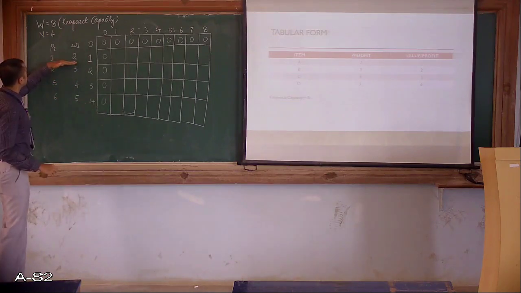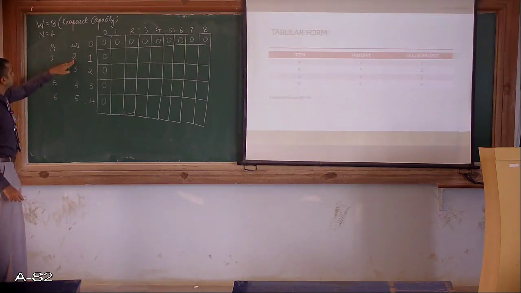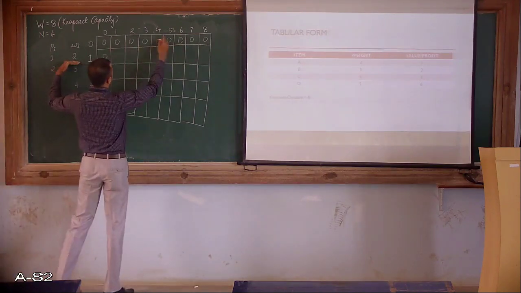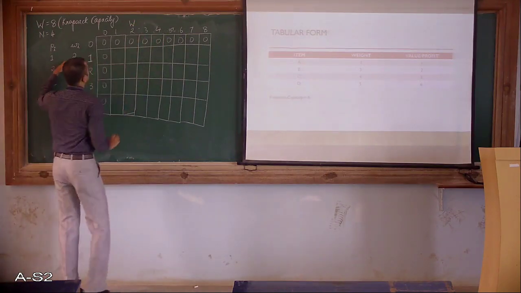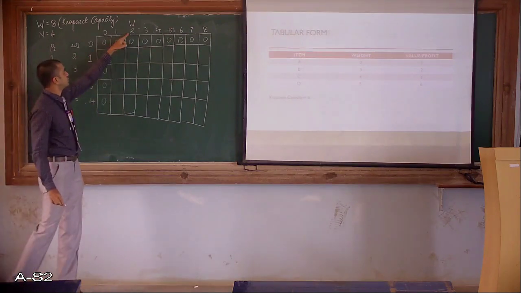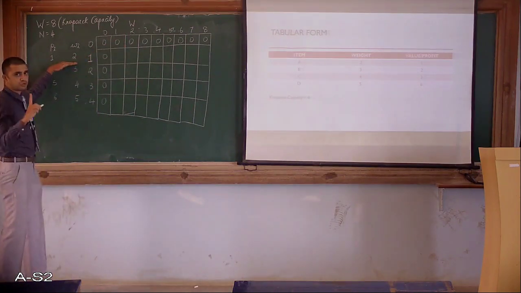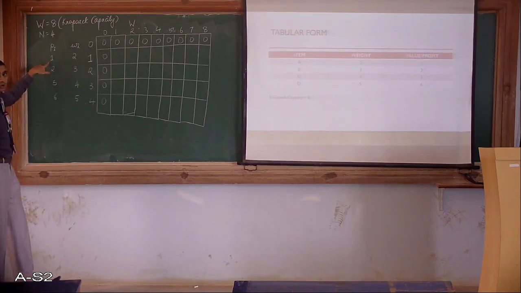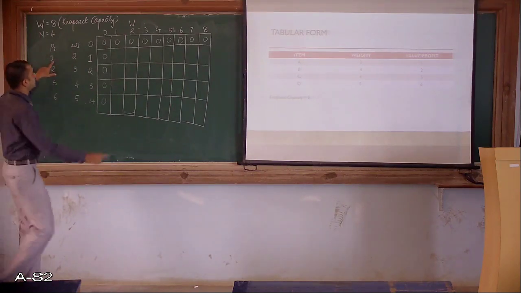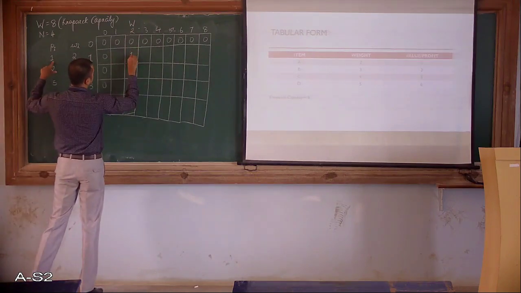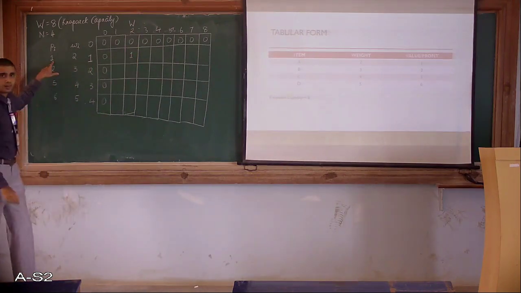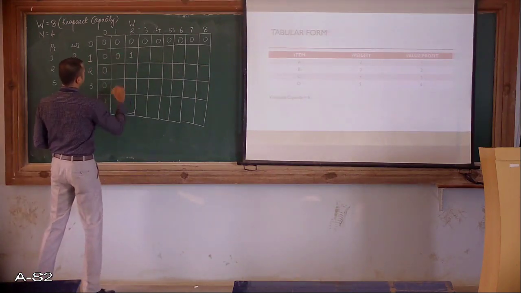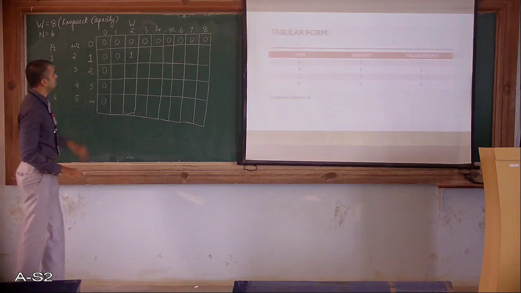What is the weight of the first object? It is 2. So when the knapsack capacity W is 2, I'll be able to fill the first object. What is the profit associated with that object? 1. So at knapsack capacity 2, write the value 1. Previous value, whatever is there, write it 0.